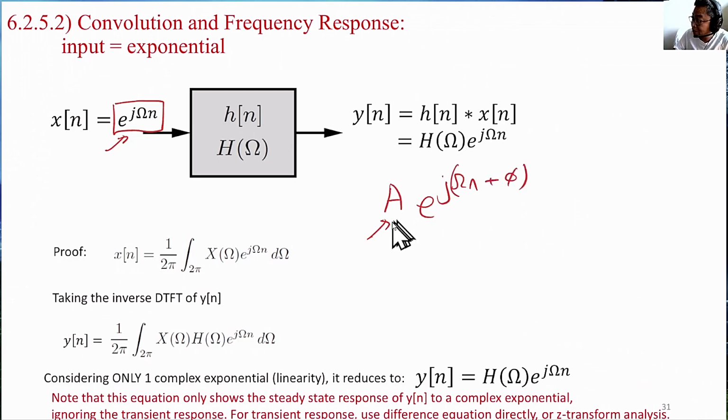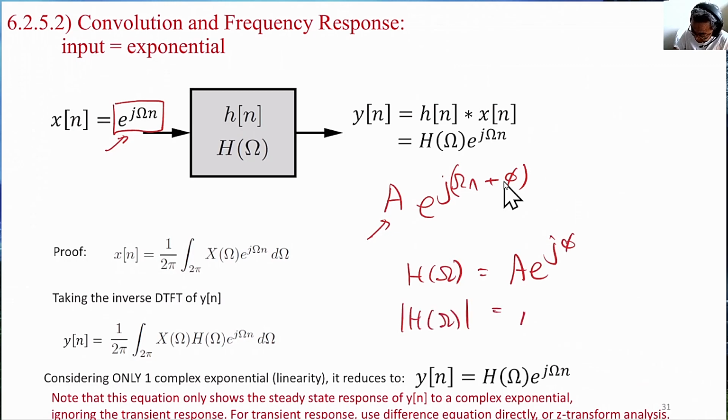So e^{jωn} will be modified with an amplitude of A and a phase change of v, and H(ω) is then A e^{jv}, because the magnitude of H(ω) equals A and the angle of H(ω) equals v.